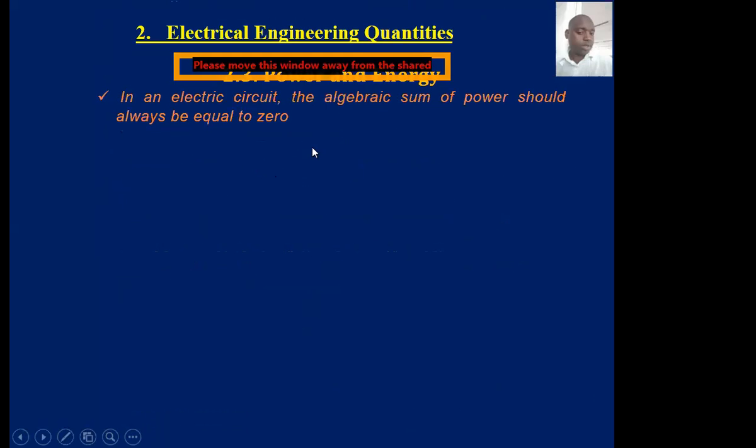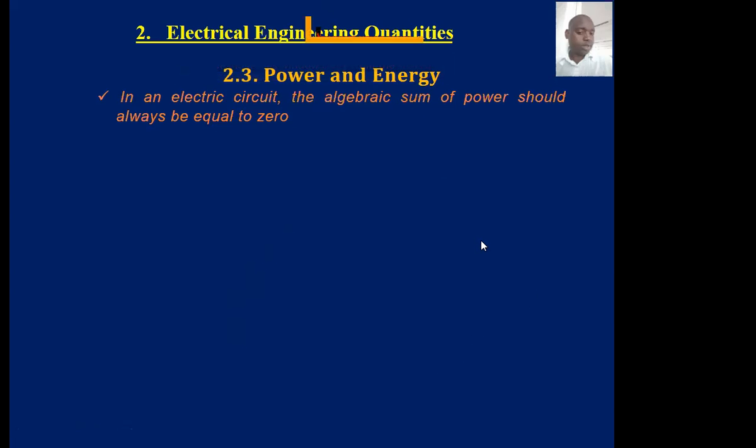So in an electric circuit, the algebraic sum of power should always be equal to 0. In other words, in a circuit, the power supplied to the circuit should be equal to the power dissipated by the circuit. This comes from the law of conservation of energy, that you can neither create nor destroy energy.